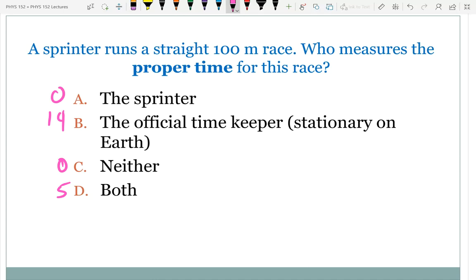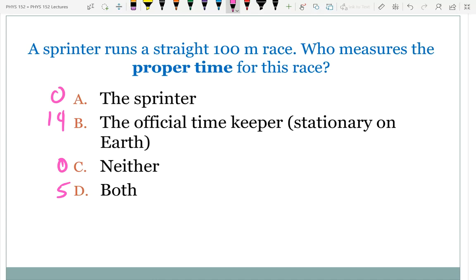So for the sprinter, the starting point's right here where I am, and my clock stays stationary with me. And the ending point is right here where I am. The Earth moved under the sprinter as the sprinter's reference frame, but it was right here for the start and the finish. So the sprinter is the one that measures the proper time.